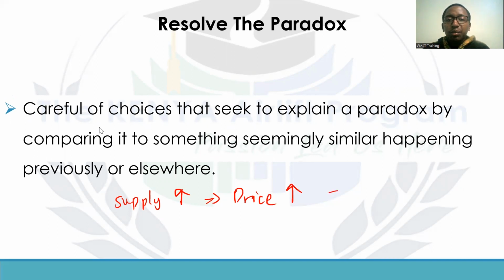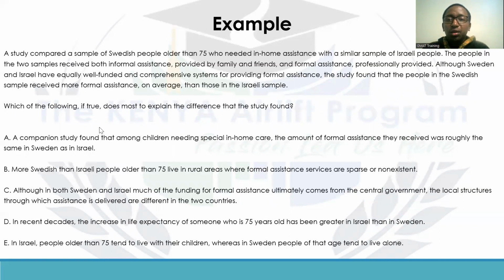So just because this happened, say, in 2022, doesn't mean, or doesn't explain, why it also happened in 2023. So just giving a fact doesn't explain this paradox. So be careful of those, because most of the time you'll find a similar answer choice in these questions. So with that being said, we can handle a simple question to help us understand how to handle these questions. So you can go ahead and pause, and then we'll discuss the question.